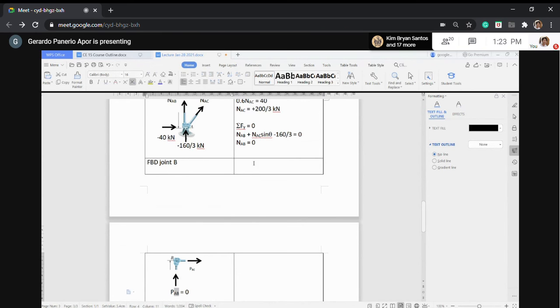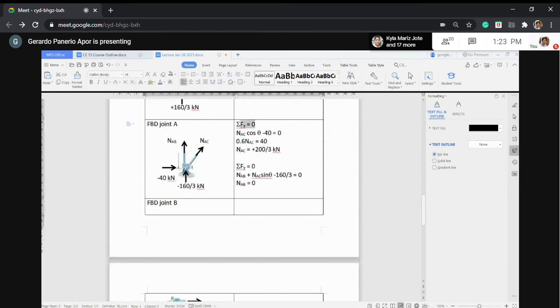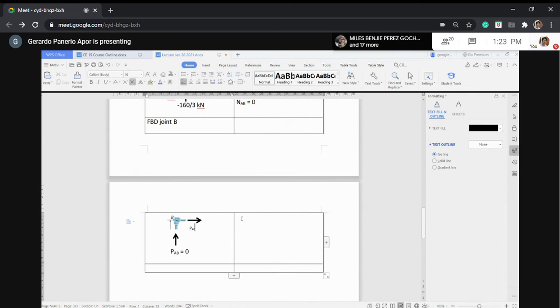So if we sum up forces X here, supposedly N, we cannot just write P. And then this one is N_AB, and N_BC is equal to 0.